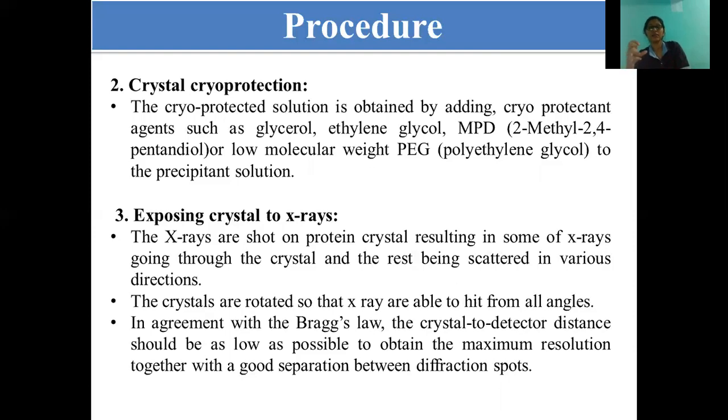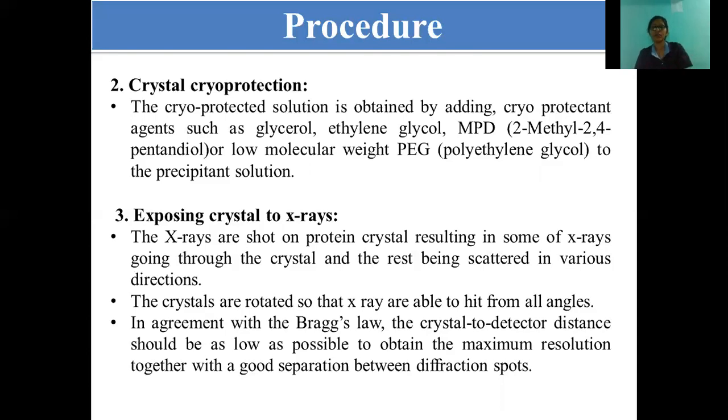The next important step is, once you prepare that crystal, it is exposed to the X-ray beam. The X-ray is incident from the X-ray source. First the X-ray is filtered, and then it passes through and hits the crystal. From the crystal it gets diffracted, and the data is recorded on the detector plate.